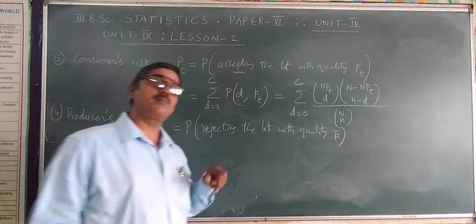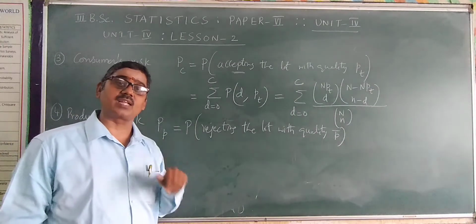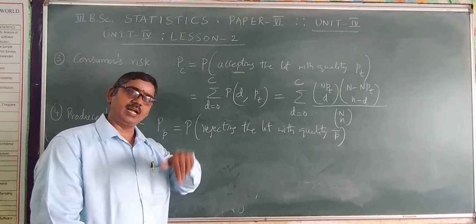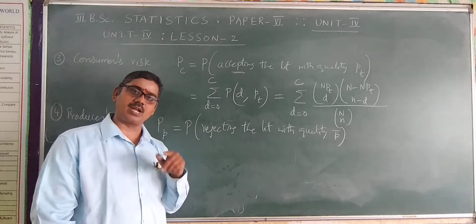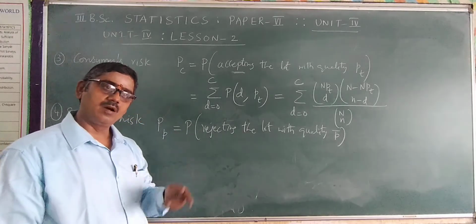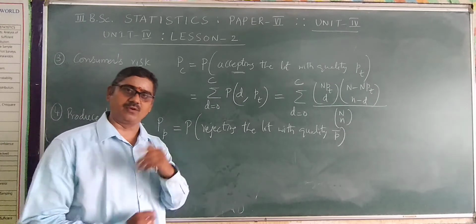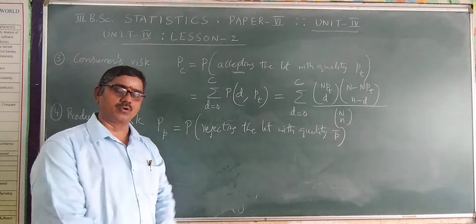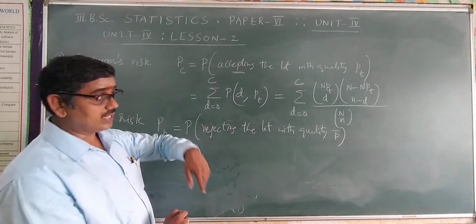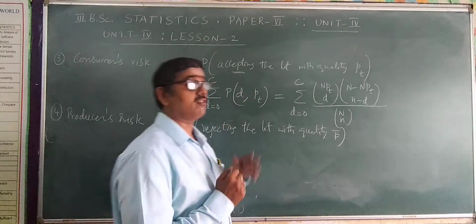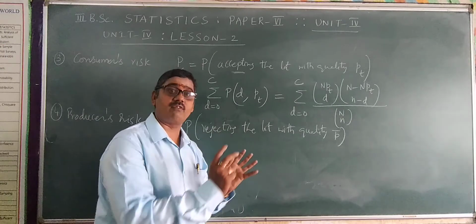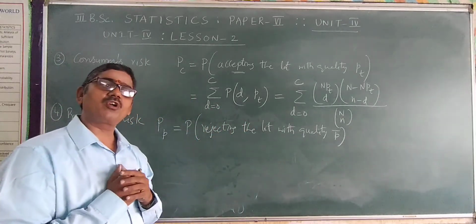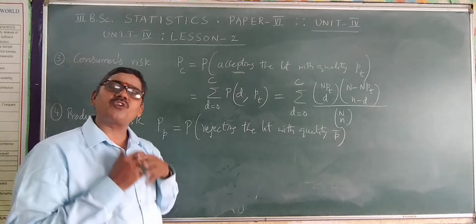Actually, it is 100 P bar, the process average percent defectives. Here we consider P bar. Why? Because we have the formula only available in terms of P. Therefore, everything is going to be converted in terms of P only.